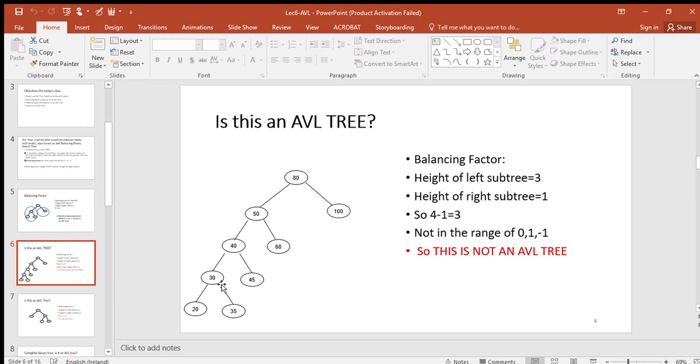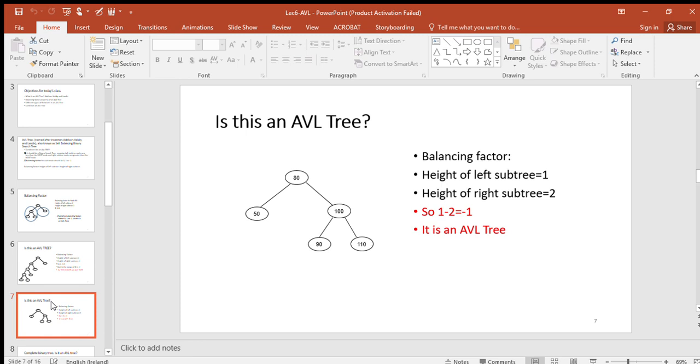Why 4? From the leaf node 20 reaching to 80, there are 4 edges. So the height of left subtree is 4, height of right subtree is 1. So 4 minus 1 is 3, which is not in the range of 0, 1, -1. So this is not an AVL tree.